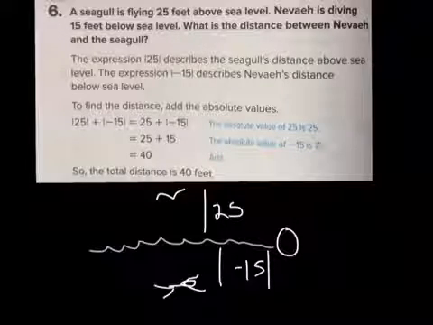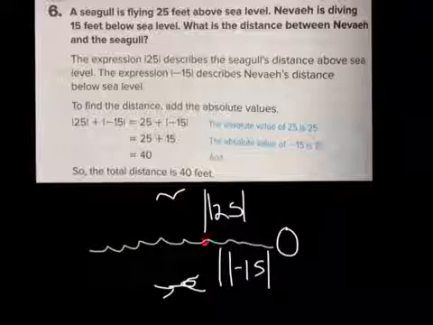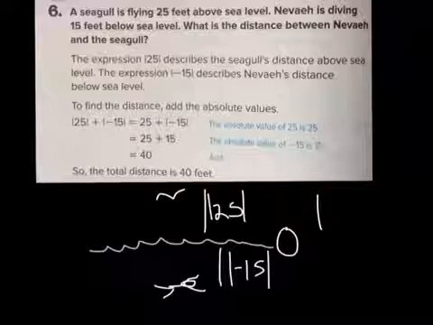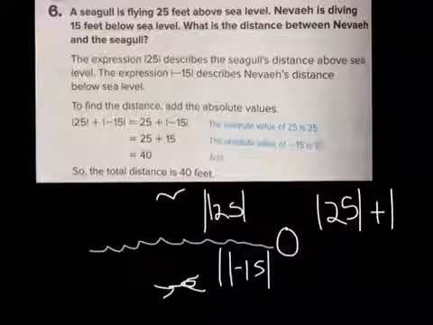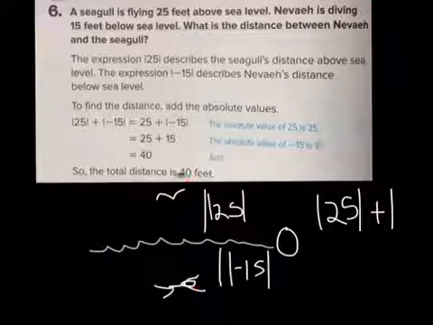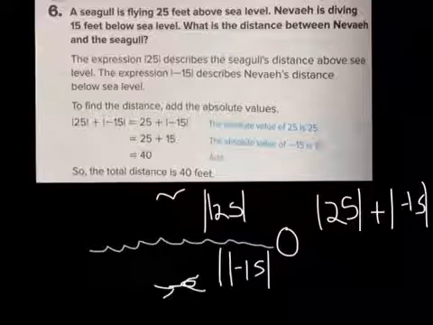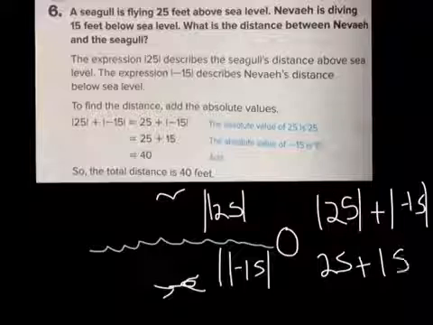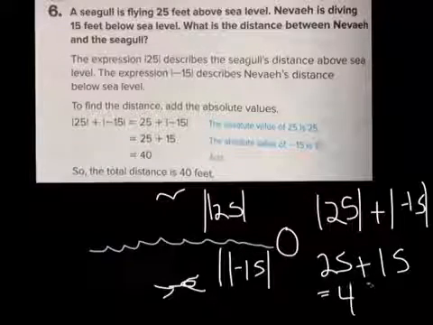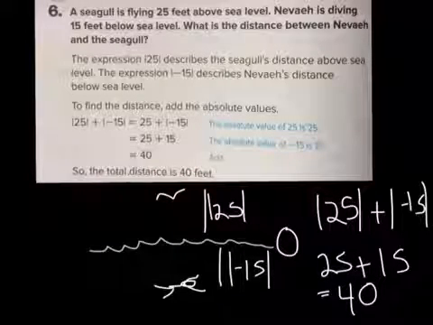But these are absolute values, because we just want to know how far they are from zero. So I have the absolute value of 25 plus the absolute value of -15, because we want to know the whole difference from there to there. That's really just 25 plus 15, because they're both absolute values, and that equals 40. And there's your therefore statement: the total distance is 40 feet.